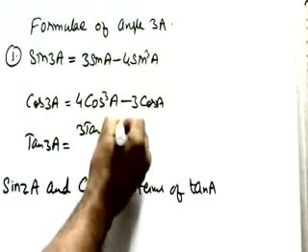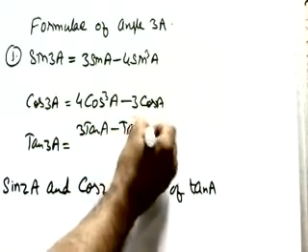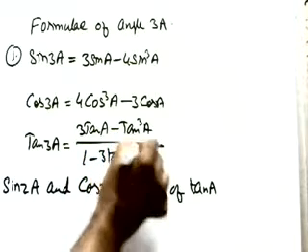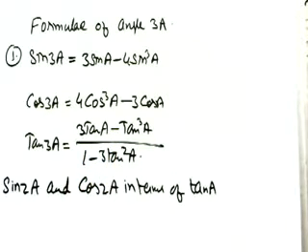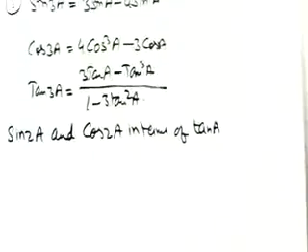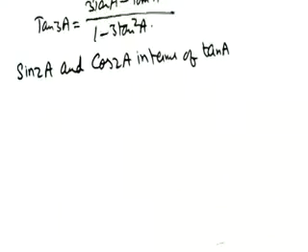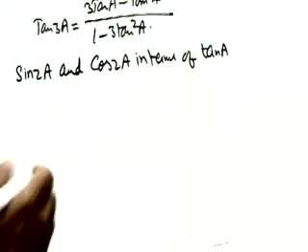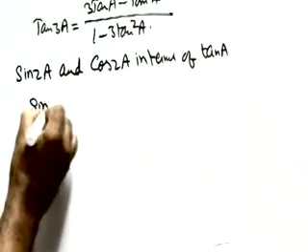Now tan 3A is 3 tan A minus tan cube A divided by 1 minus 3 tan square A. Sometimes we have to change sin 2A and cos 2A in terms of tan. Then we use these formulas for sin 2A and tan 2A.